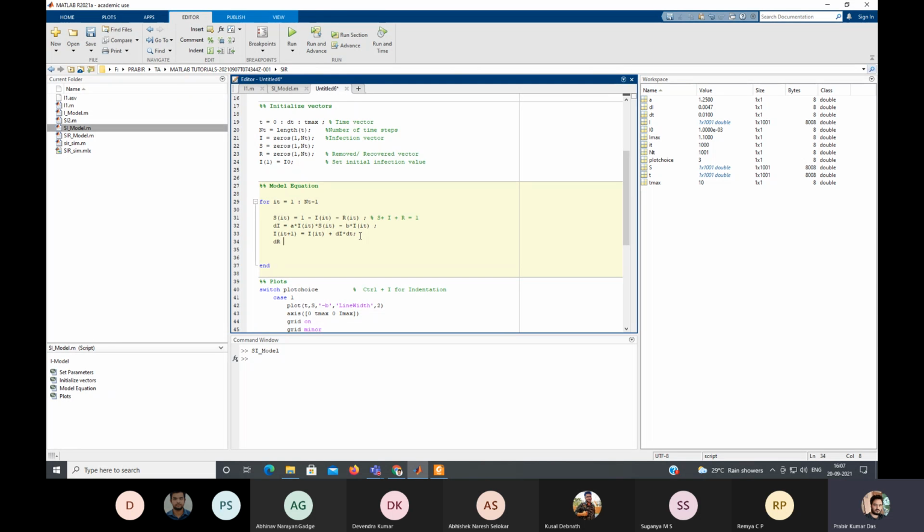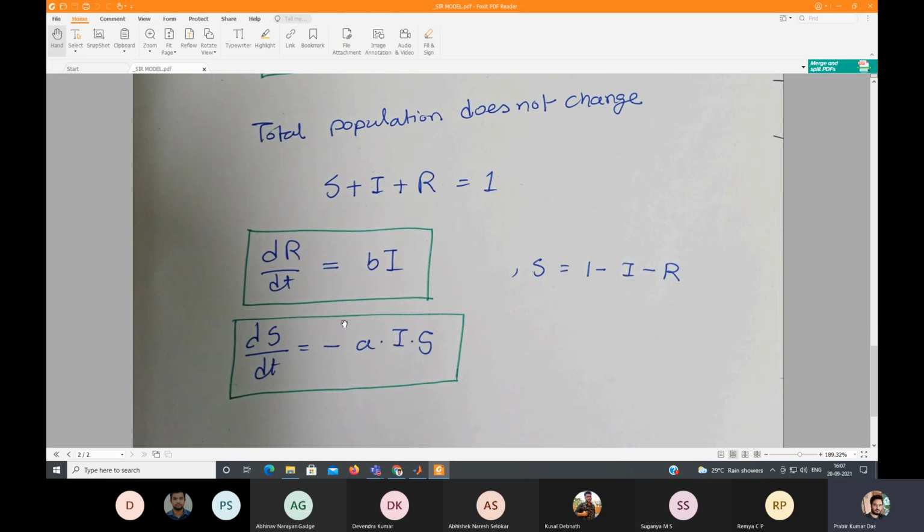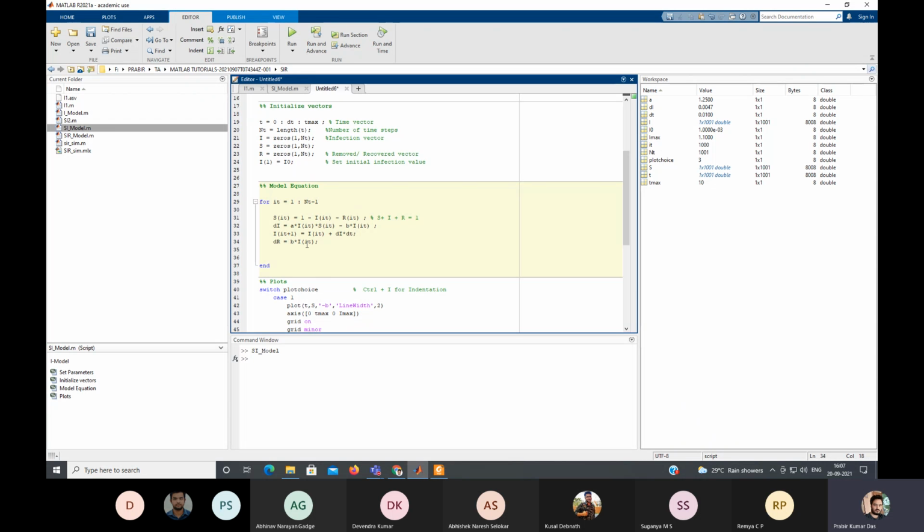Then R is equal to B of I(it). So you can see from this, dR/dt is equal to B into I. So similarly, dR is equal to B into I of I(it).